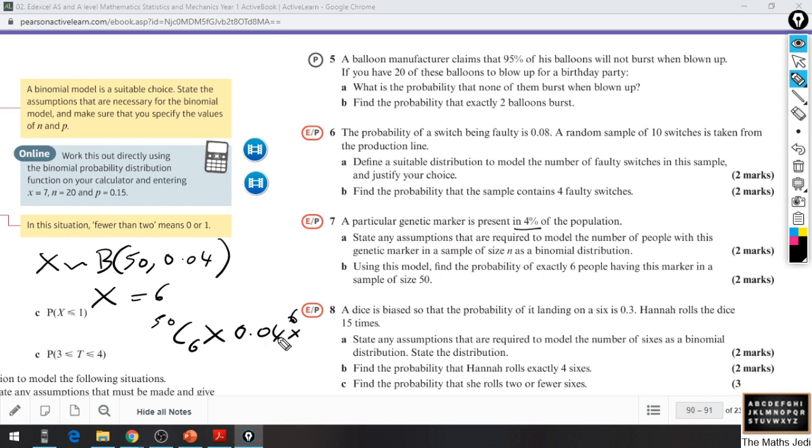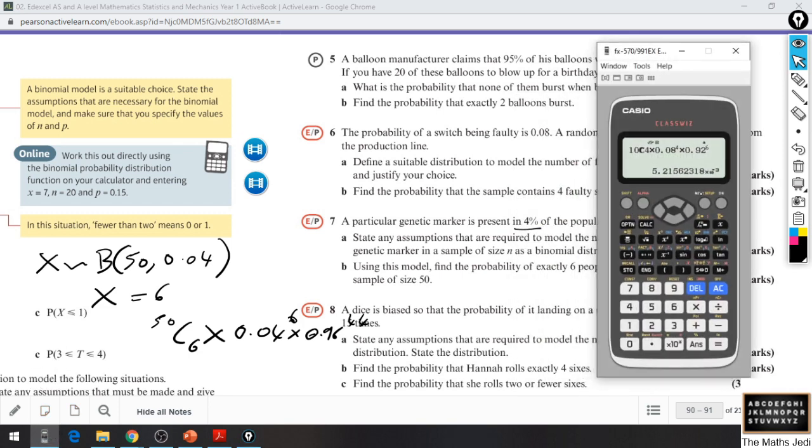And chance of failure, 0.96 to the power of 44. You need to work all this out on the calculator, which I will do now. So here's my calculator. Let's just reset that. So here we are. 50 choose 6 to start with.